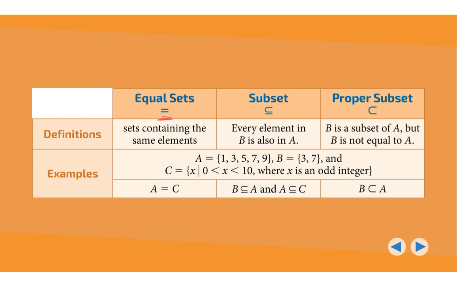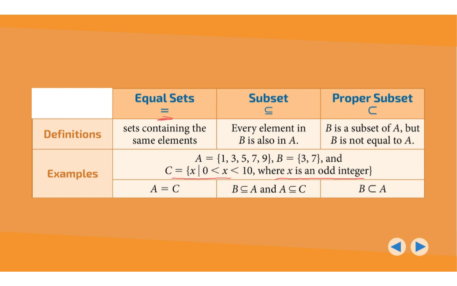A equals C. But let's go ahead and take a look at C before I can explain this example. C equals x such that 0 is less than x, which is less than 10, where x is an odd integer. So before we can find the equal sets of these three sets A, B, and C, we have to figure out what C is first.